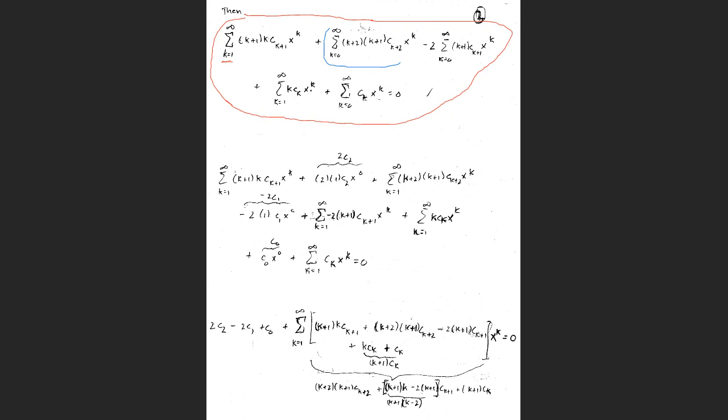Well, there are 2 power series that have k equals 1 index. So that means there are 3 power series here that I have to separate out a little bit. Meaning that, for the first power series, I'm going to write out the first term plus the remaining power series starting at k equals 1.